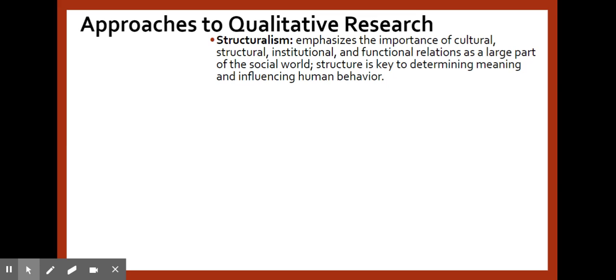So you may be looking at something like the structure of a church and potentially the structure of a religious order or an entire religion. You may be looking at the functional relationships. How does a religious organization interact with social welfare organizations, things like food banks, or providing housing for impoverished individuals in either their local community or around the world?